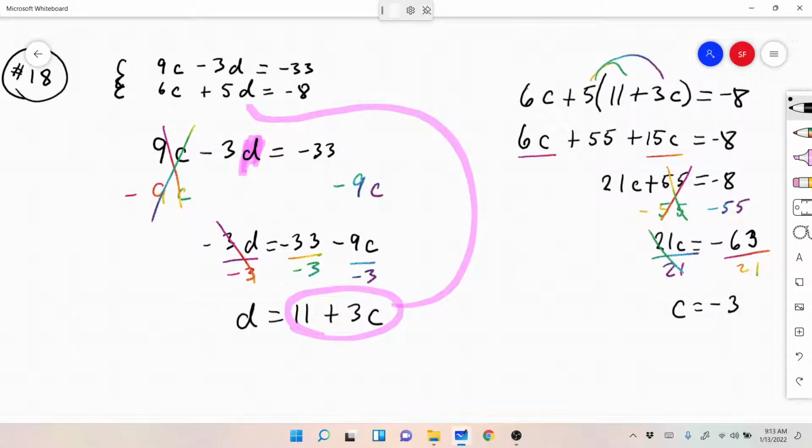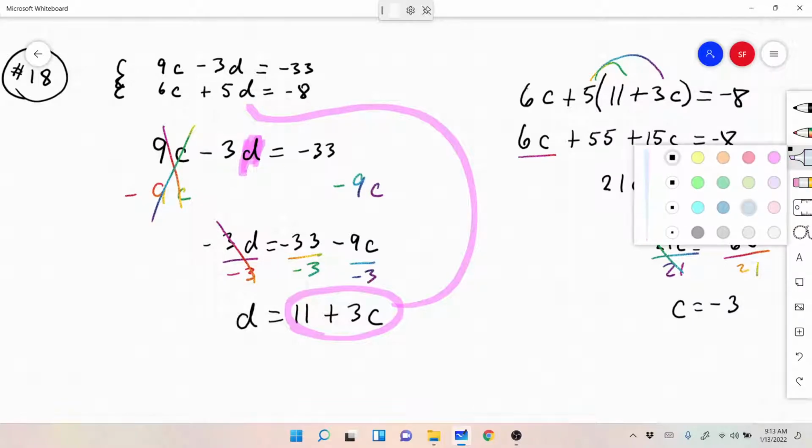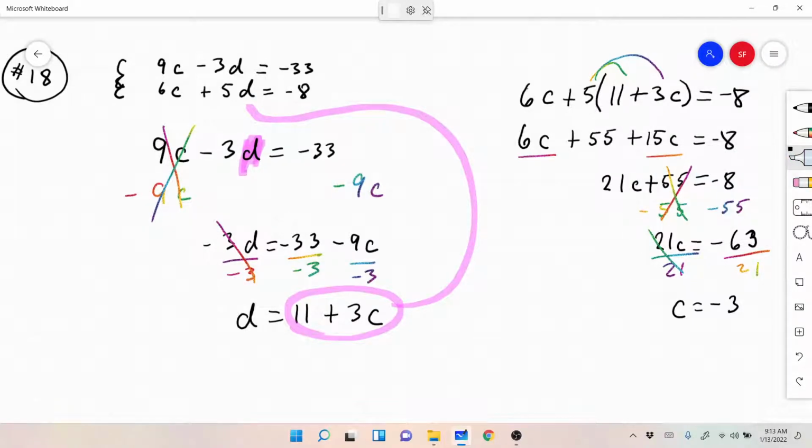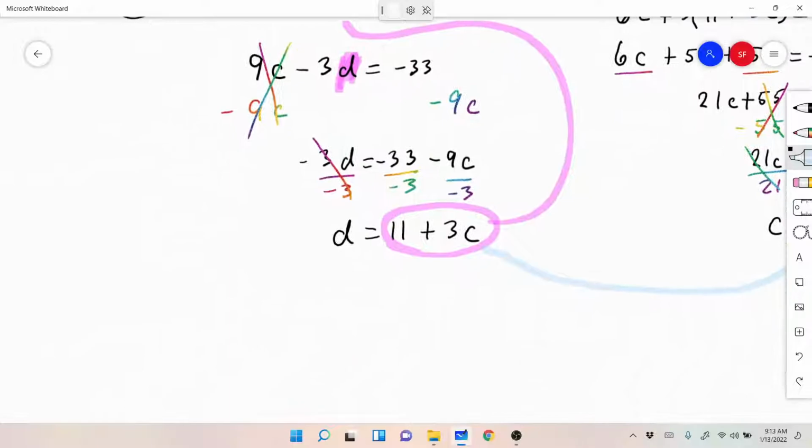So, last thing we need to do is what? Substitute negative 3 for C, right? D equals 11 plus 3 times negative 3. 3 times negative 3 is negative 9.